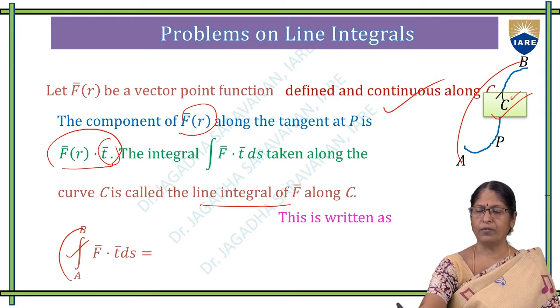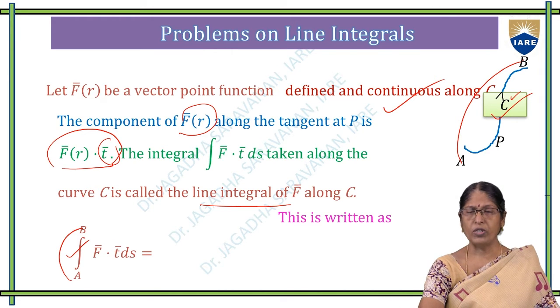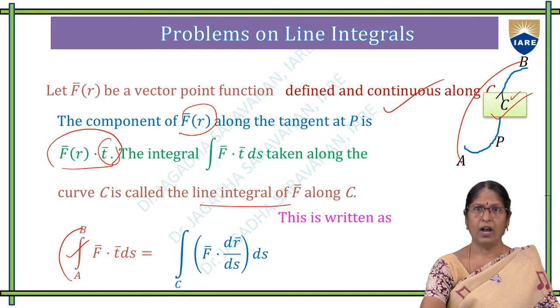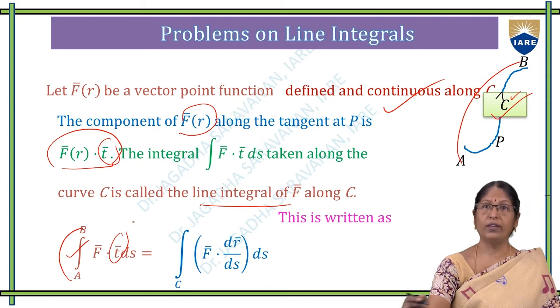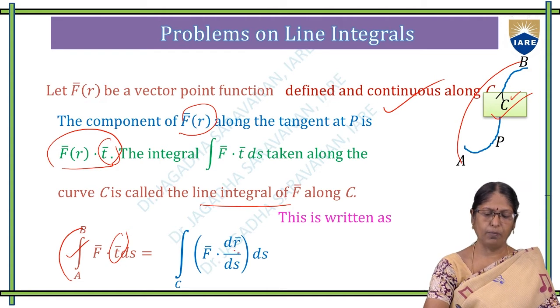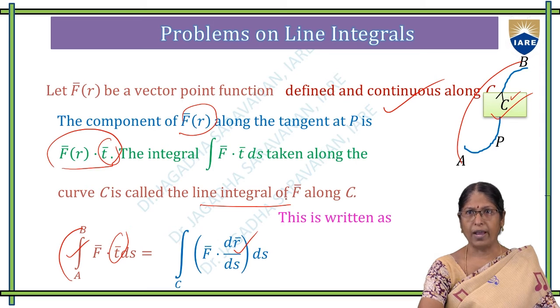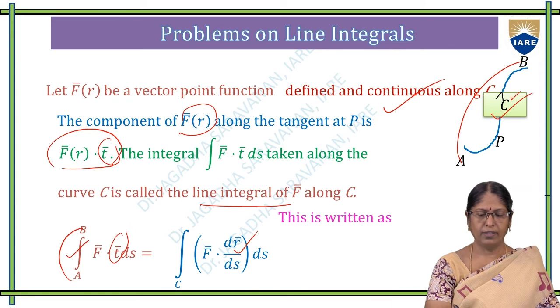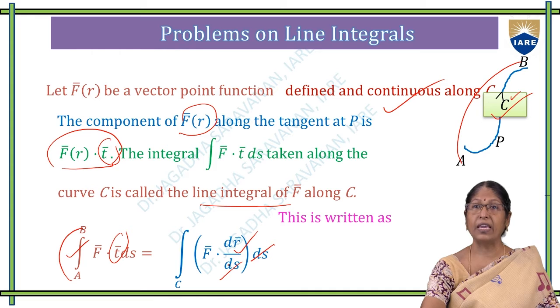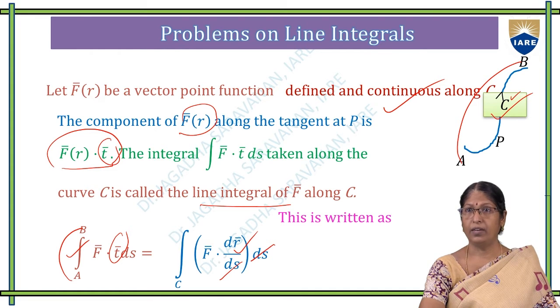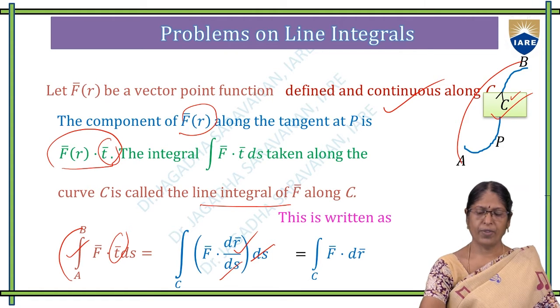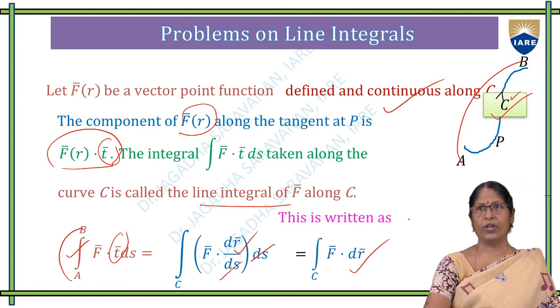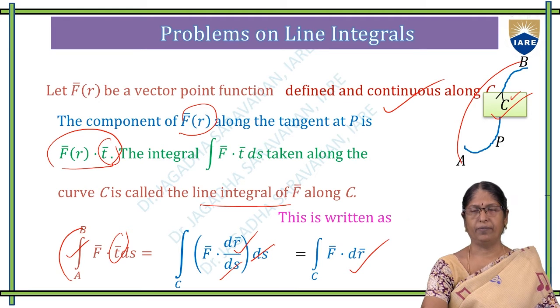Here we can see the figure. F dot t ds. Our t, how we defined, is nothing but dr by ds. This ds gets cancelled. Then we obtain integral over C of f dot dr. This is the formula for line integral.